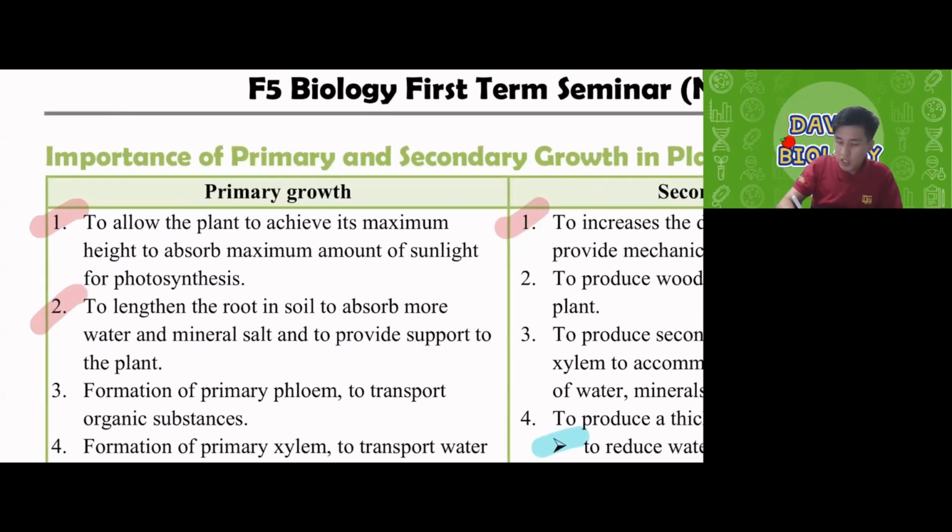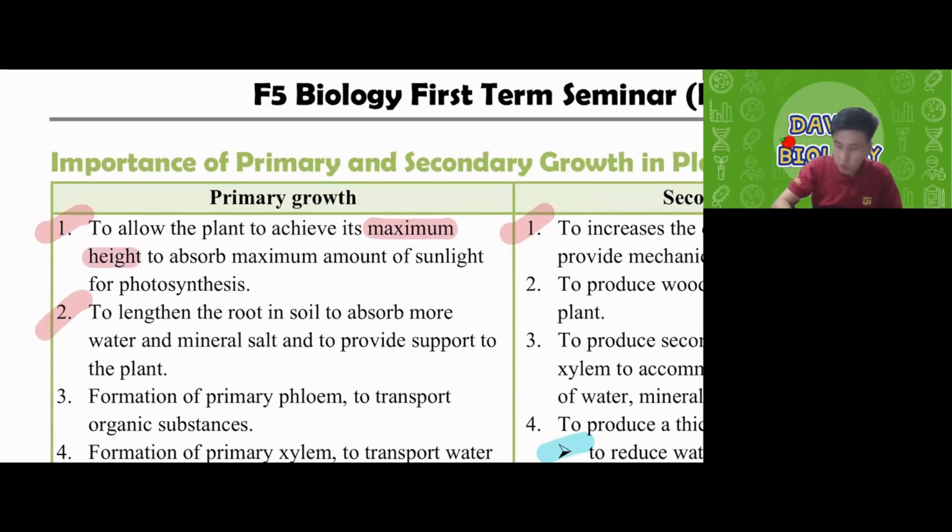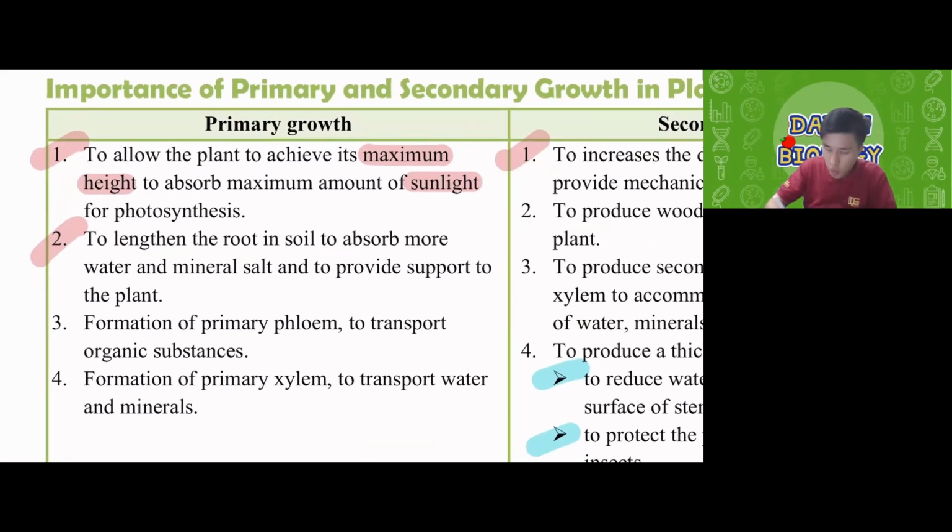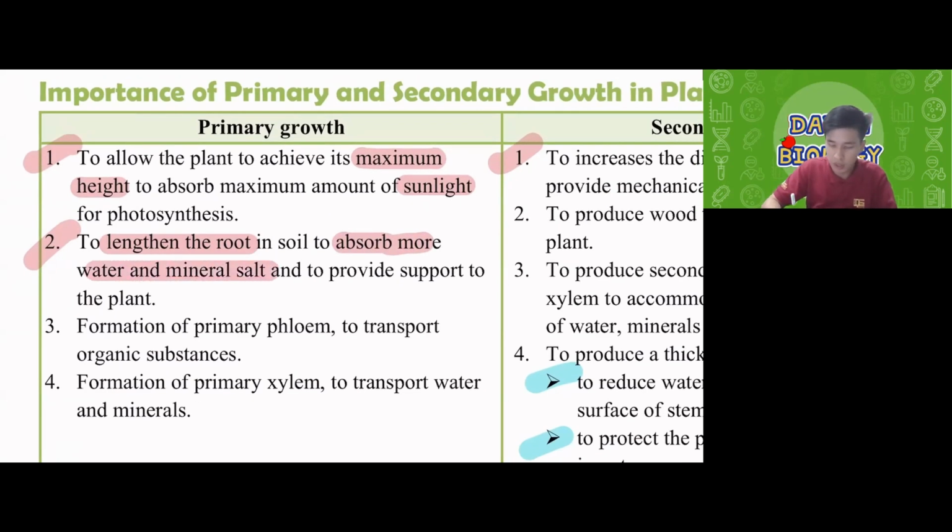So that's why here is one is achieve maximum height. So if the shoot can grow up, it's of course for sunlight to carry out photosynthesis. So root is to go down because you want to first absorb water and mineral salt. Okay, then besides becoming long, right?